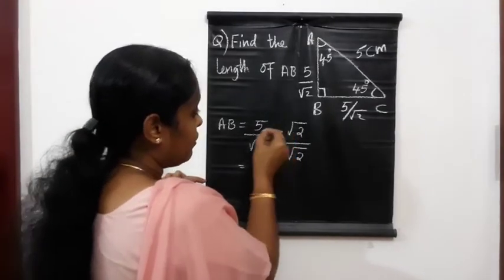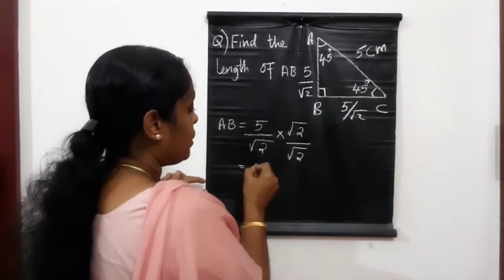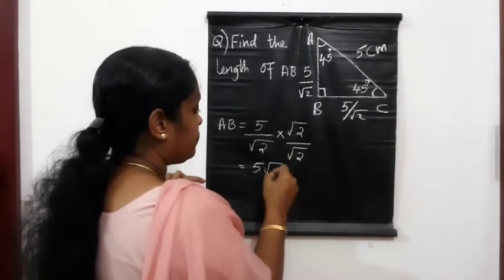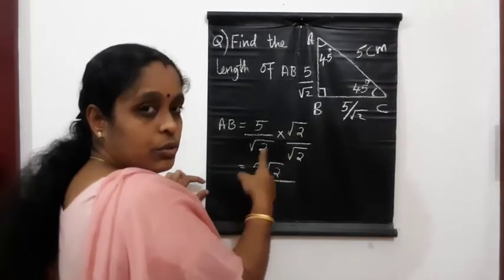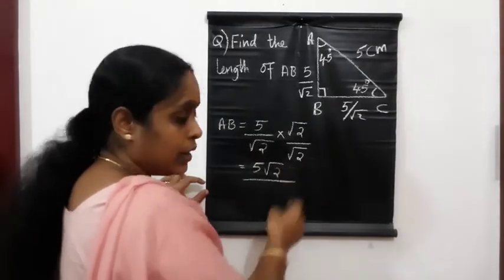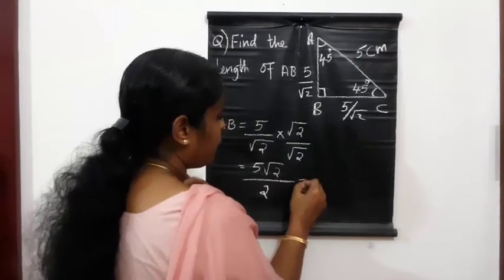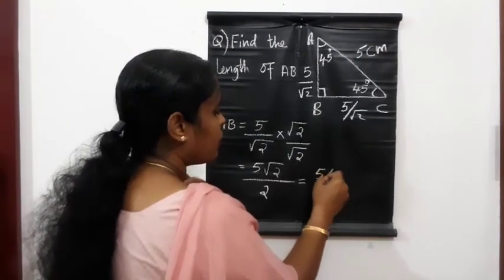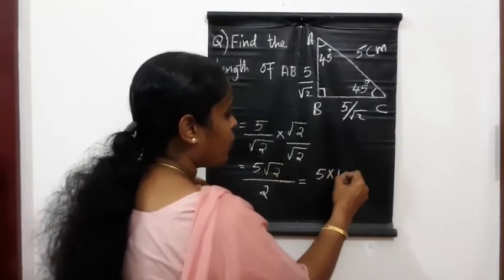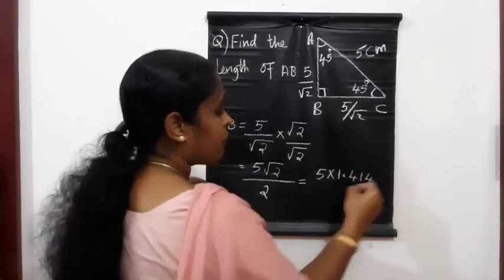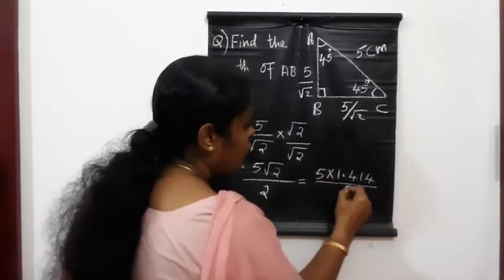In the numerator it should be 5 root 2. Here root 2 into root 2, that is root 2 square, that is equal to 2. So here 5 into the value of root 2, 1.414, divided by 2.